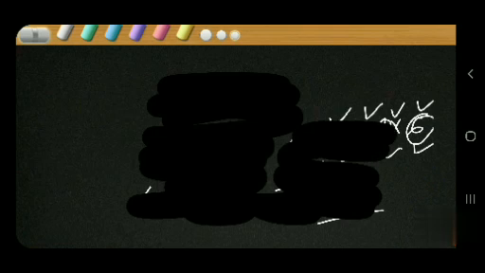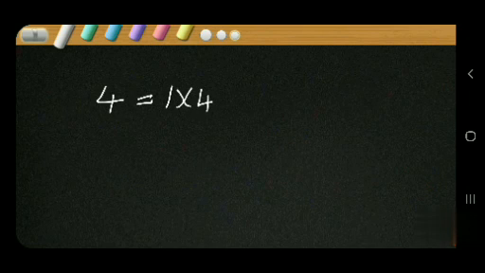Okay, so let's try to find out the factors of 4. How can we write 4 as the product of two numbers? As we discussed earlier, every number can be written as the product of 1 and the number itself. So 4 is equal to 1 into 4.